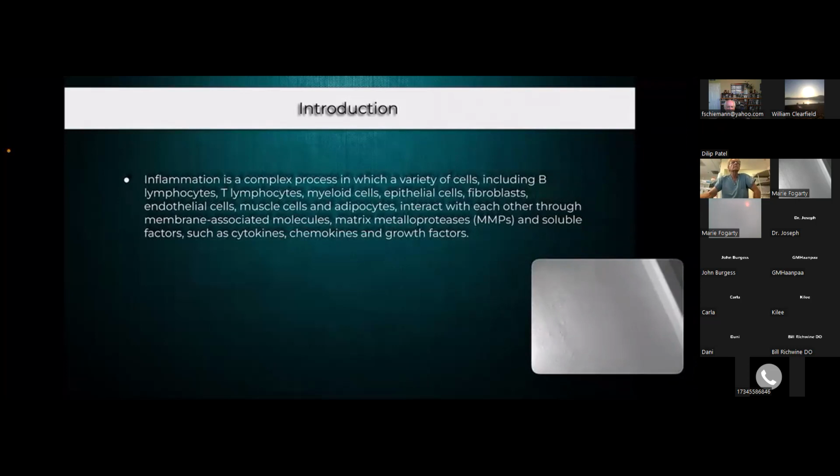Inflammation is a complex process in which a variety of cells, including B lymphocytes, T lymphocytes, myeloid cells, epithelial cells, fibroblasts, endothelial cells, muscle cells, adipocytes, interact with each other through membrane-associated molecules, matrix metalloproteases, and soluble factors such as cytokines, chemokines, and growth factors. So yeah, I mean, there's a lot going on.